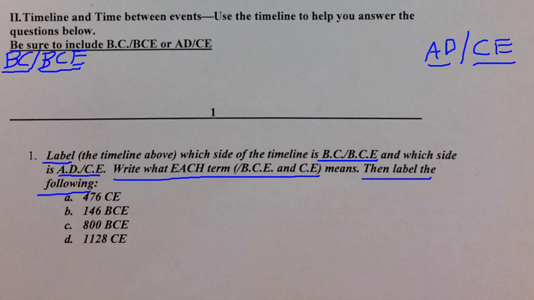The biggest number is the bottom one, 1128 CE, so I'm going to have to go all the way out to 1128 CE. Just for fun, I'm going to think of this end of the line as the year 1200 CE, because it's a little farther out in time than 1128.